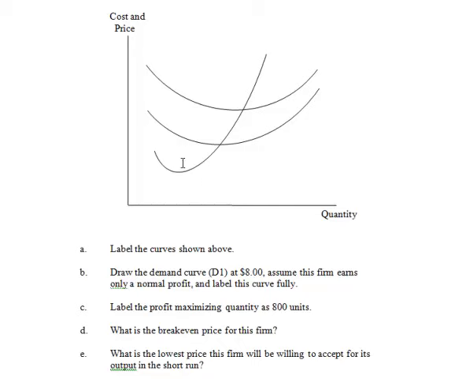So going back up to this graph, imagine that I've drawn this horizontal demand curve at $8, and at $8 here's where the average variable cost curve lies. Whenever price equals AVC, that's the lowest price they'd be willing to accept.